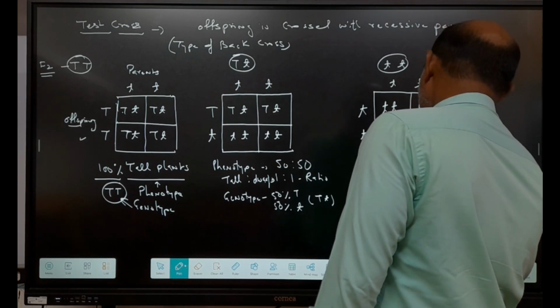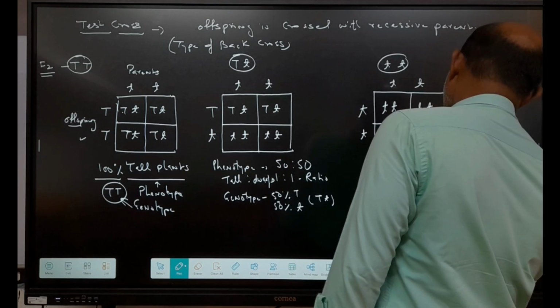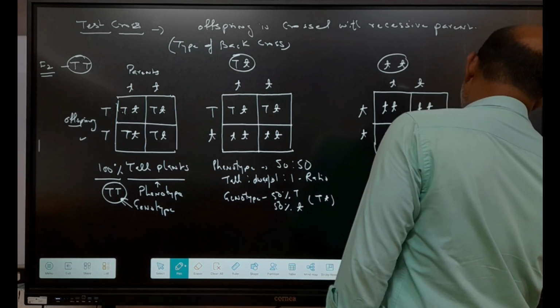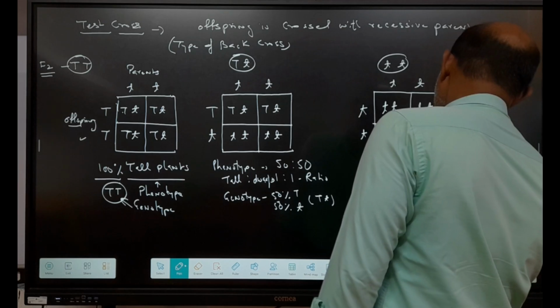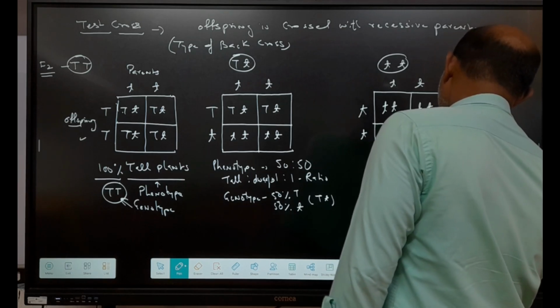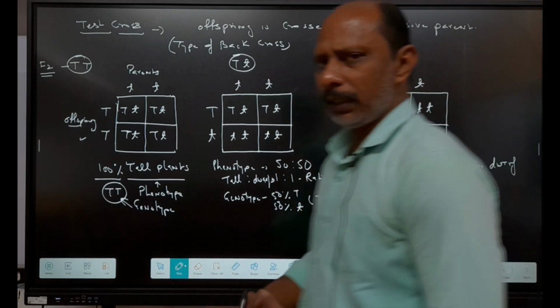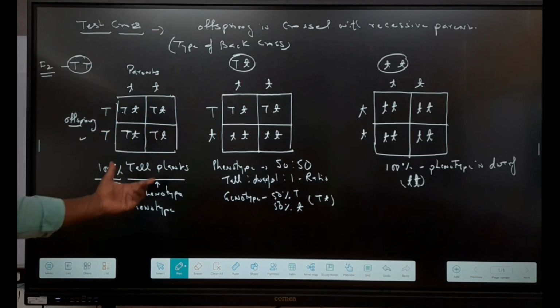Here 100% phenotype is dwarf. That means what? 100% small t is there. Offspring is dwarf. So through test cross we understand the ratio of genotypes.